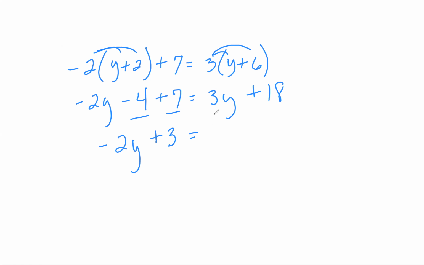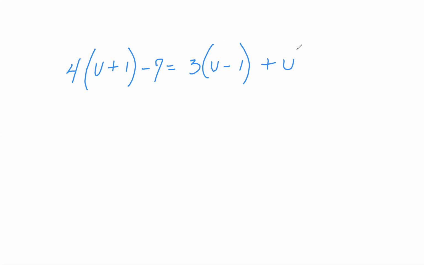I don't like this problem. Scratch it. There we go. Scratch that. Let's do this one. Because that one was just going to give us the same type of thing we already did. So I want to show you something different. Okay, this will work better.